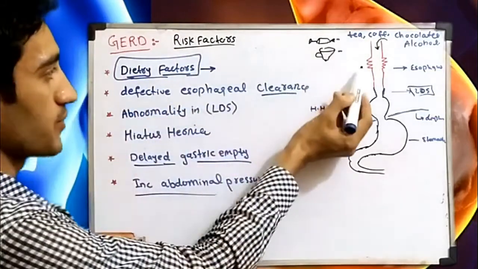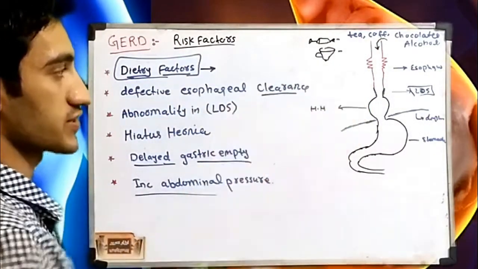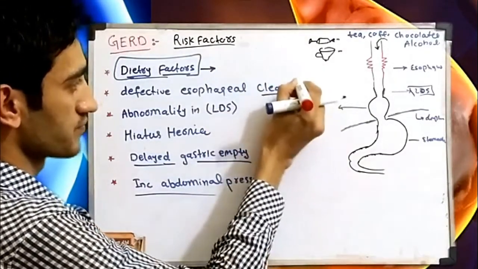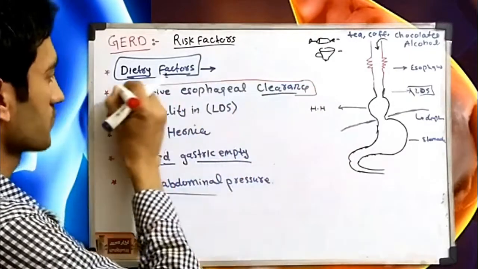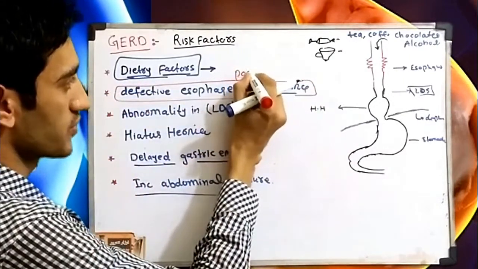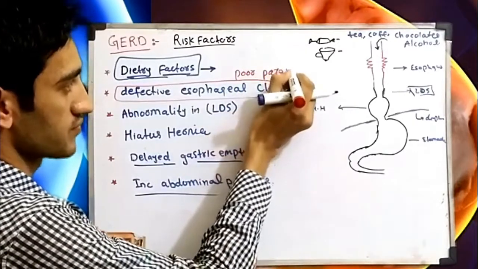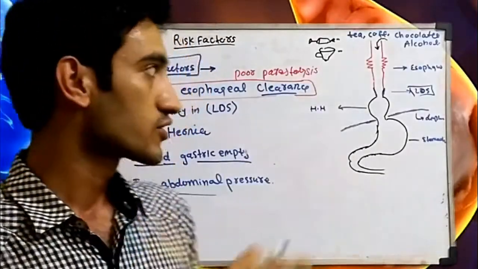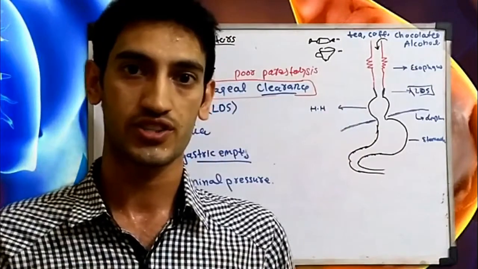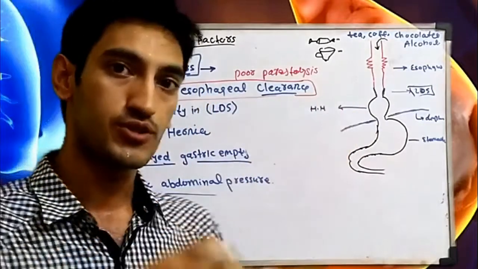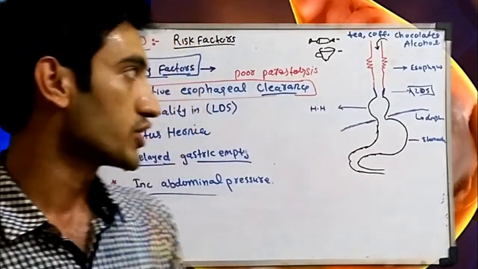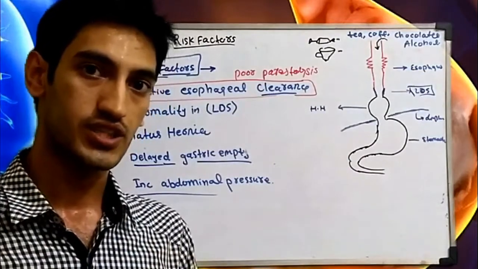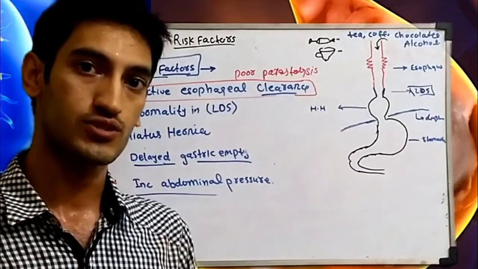So whenever there is a problem in esophageal clearance, whenever there is poor peristalsis, the esophagus will not be able to clear itself. So it will lead to prolonged exposure of esophageal mucosa to the gastric contents and will cause gastroesophageal reflux disease.